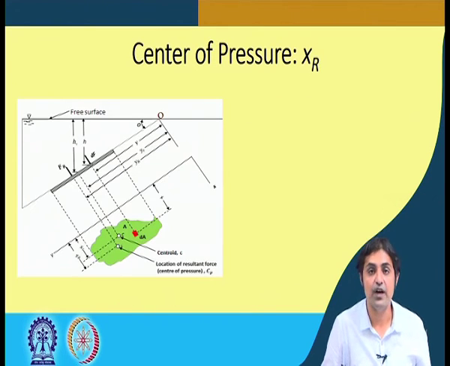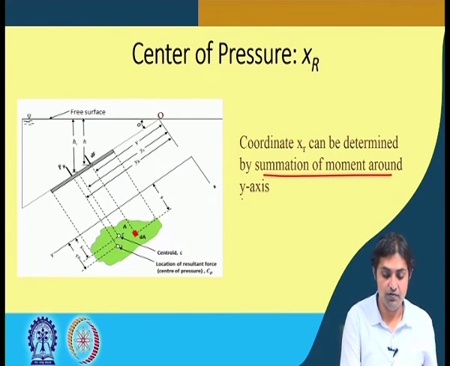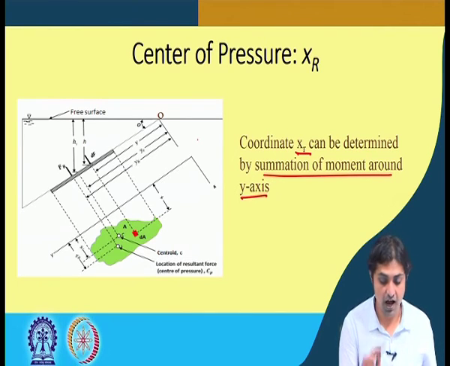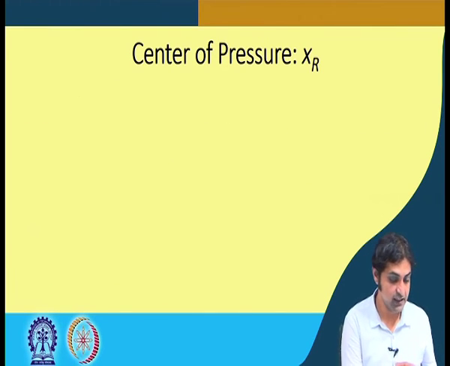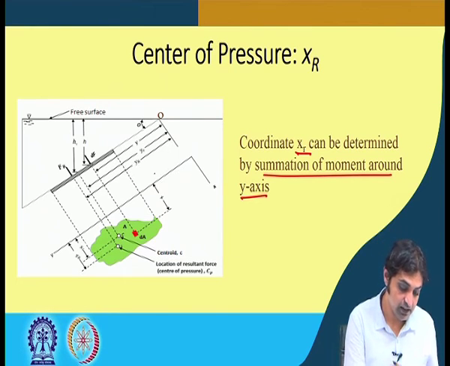So we also need to find out XR. What is the logical way? We will do the summation of moment around the y axis now. So for XR we need to do the moment calculation around the y axis. So around this axis. How? See, XR into FR. Where is XR? This is XR.